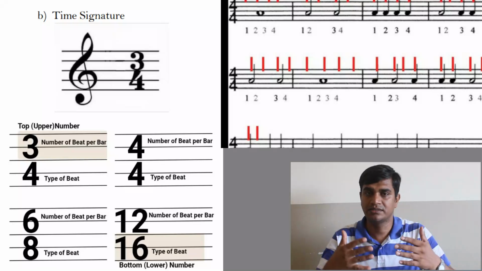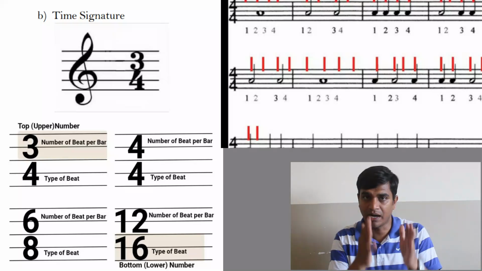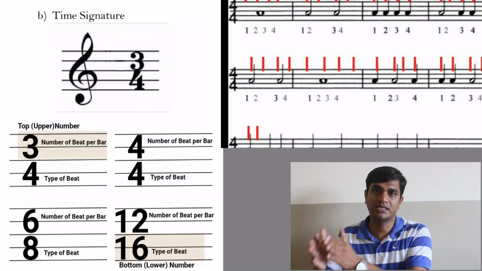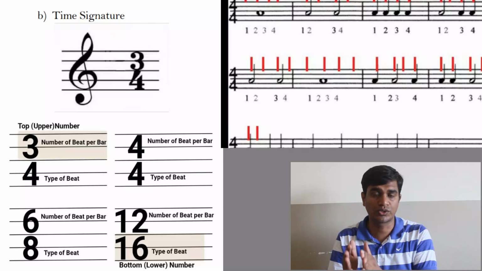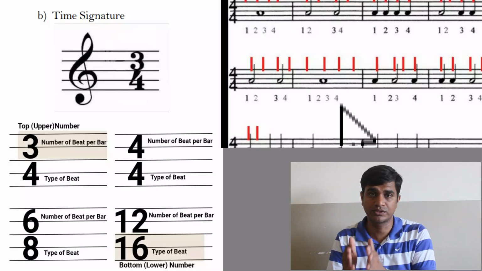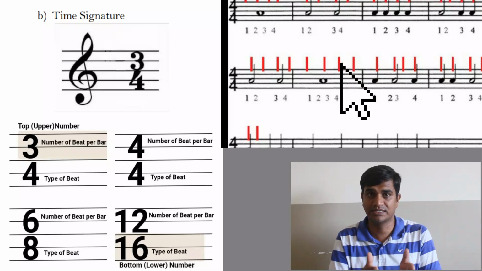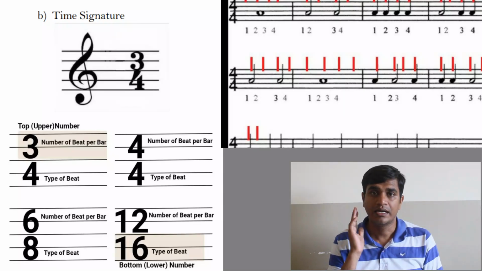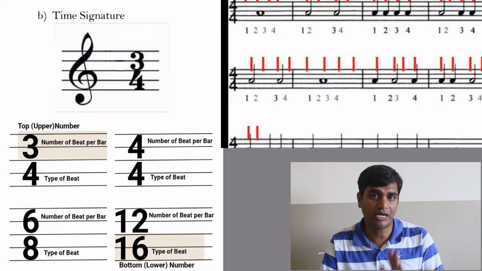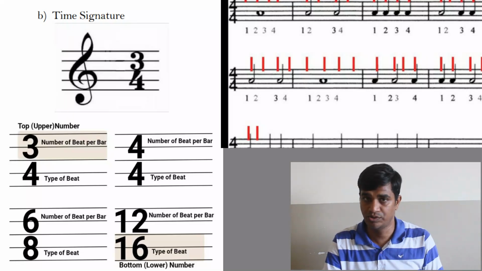We have 5 lines, and in the 5 lines we have bars. In each bar we have a number of notes, or number of timings, written in the music sheet. That is called time signature, and it will be written in the music sheet.